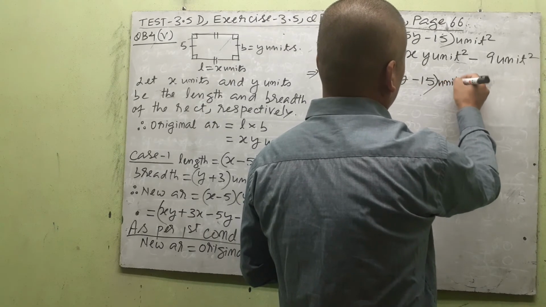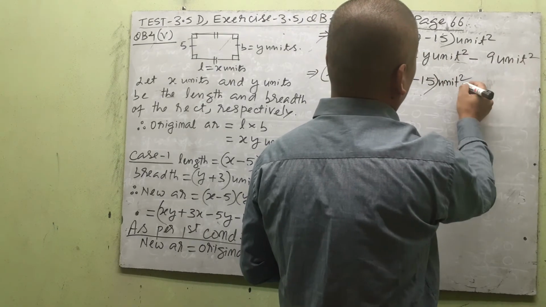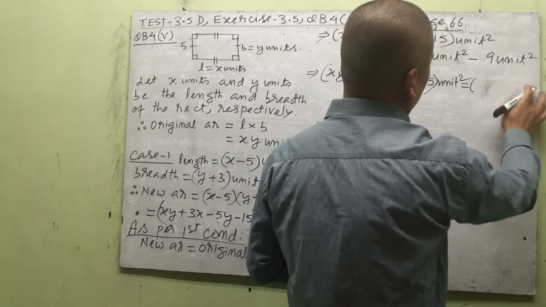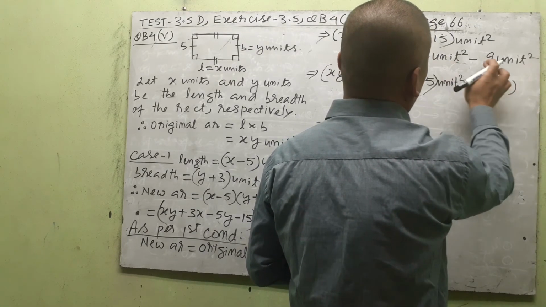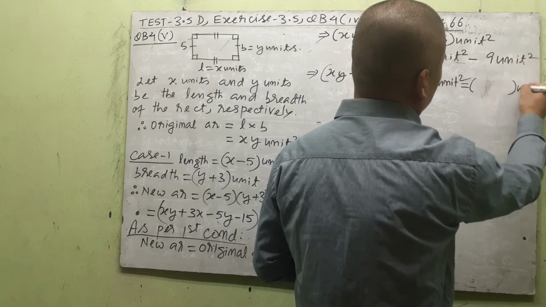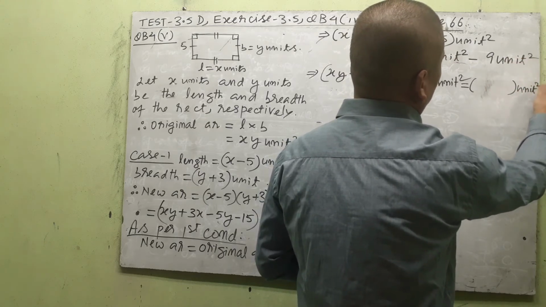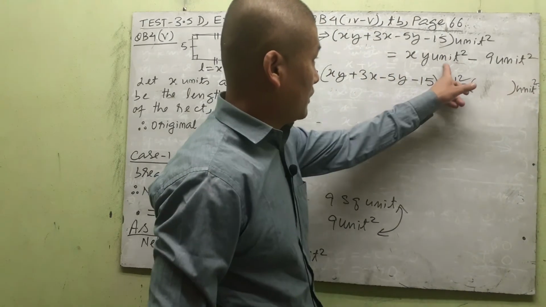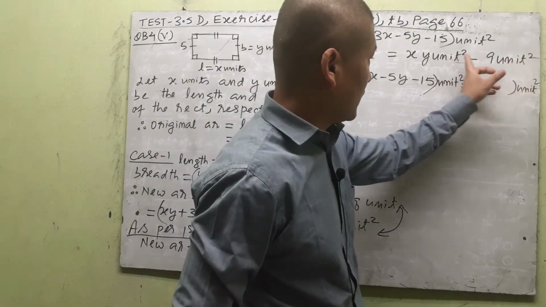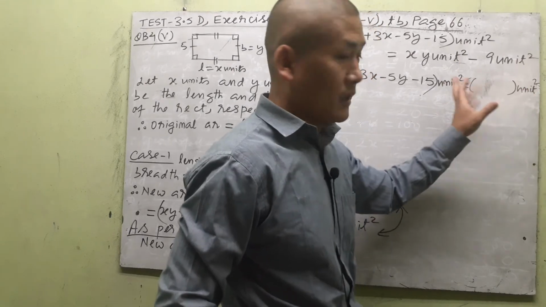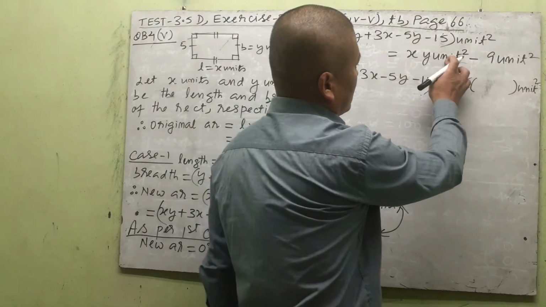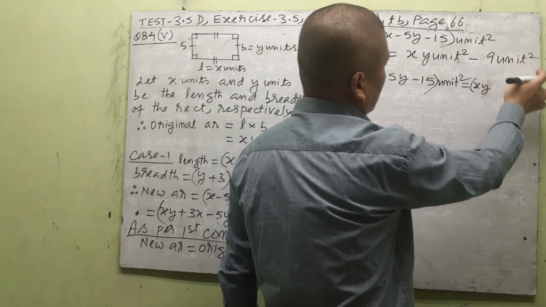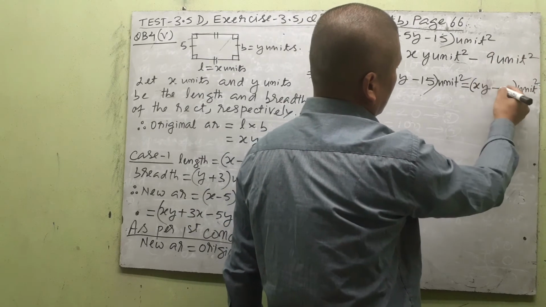Then equal, then bracket, and the unit square common on the right side has come out of the bracket, at the back or front also it's okay. Since unit square is taken out, inside the bracket will be xy, and minus 9 inside.